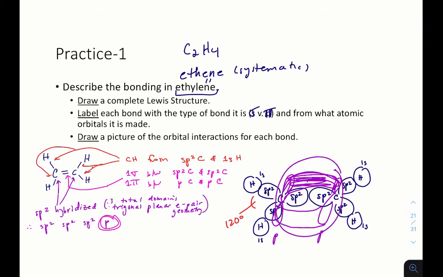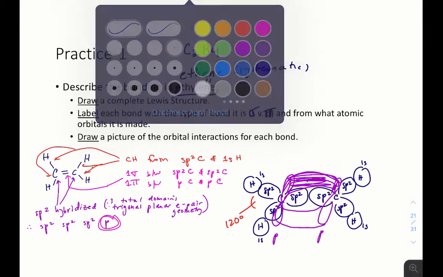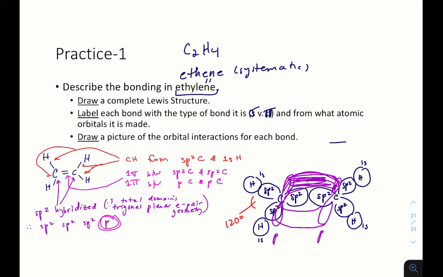So this represents one pi bond. It would have been easier if we had drawn it with the sigma bonds actually coming in and out of the page, and then we could have shown the p orbitals in the plane. If you have a model, you can make it and get a sense of what I mean. Okay, but these are the same. All right, those are my ugly pictures.